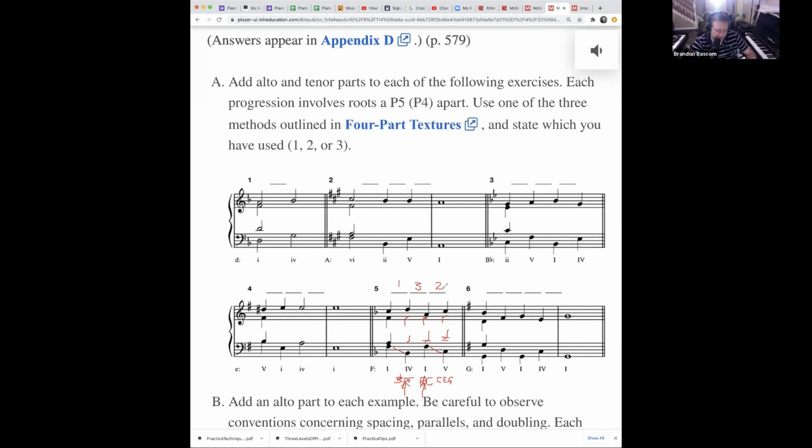Then you're going to be given a bass line. You're going to have to figure out the figured bass and then realize it. Can we do that? Are we ready for this exam yet?